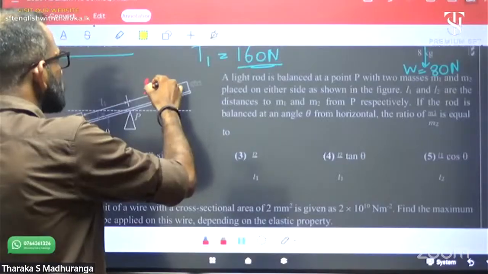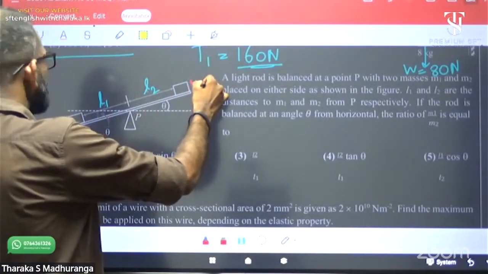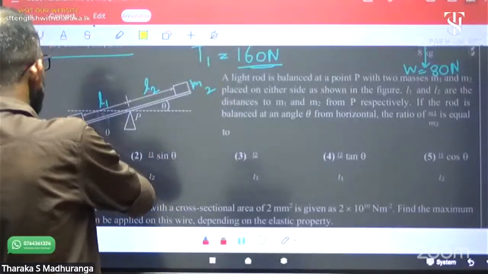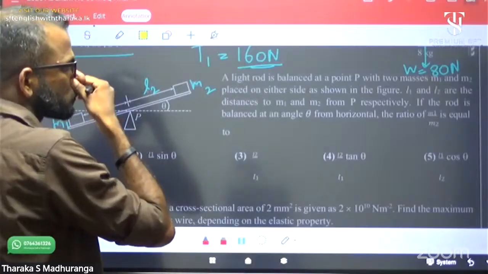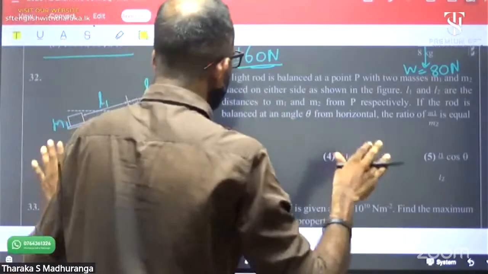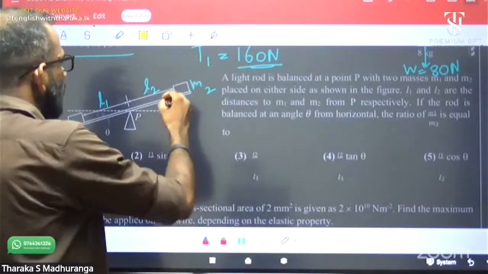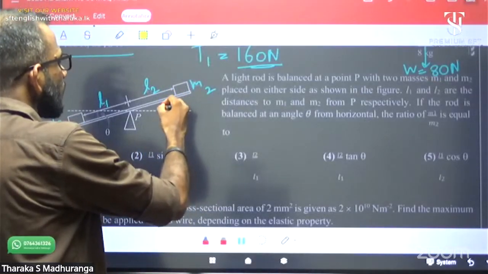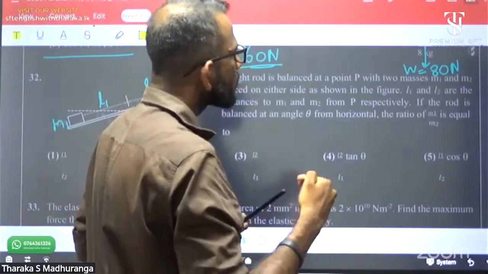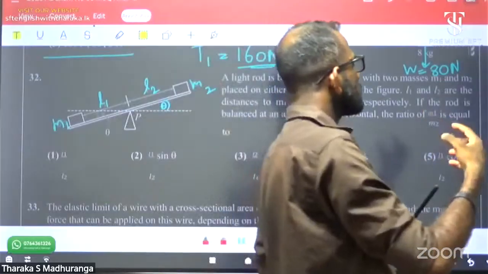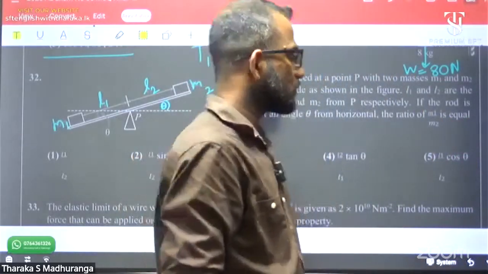This is L2, this is L1, this is M2, this is M1, right? If the rod is balanced at an angle of theta degrees from the horizontal, the ratio of M1 divided by M2 is equal to?